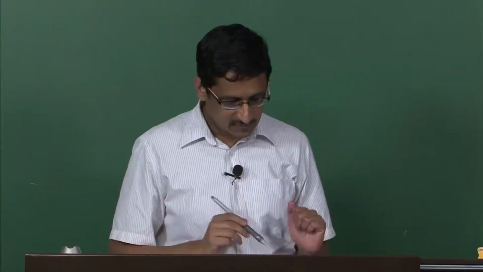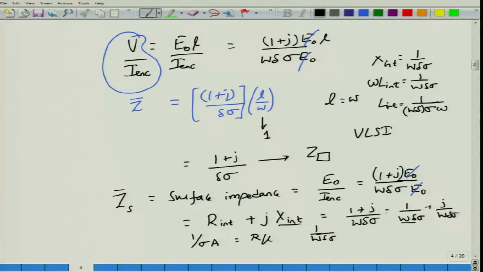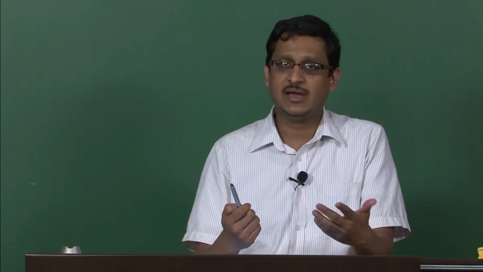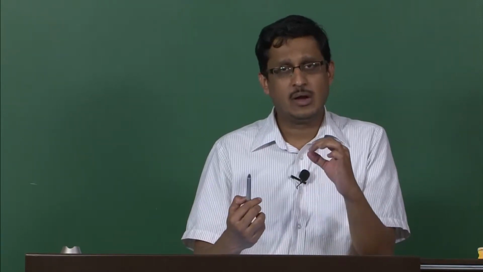We will not leave the skin effect at this point. We will go to an even more interesting way of looking at the skin effect, by calculating it in a different structure, which is again very important practically, and that structure is a simple round wire.